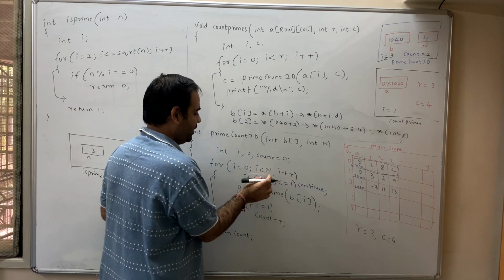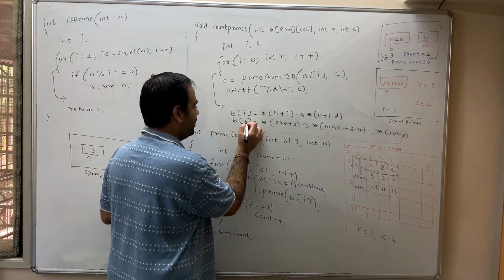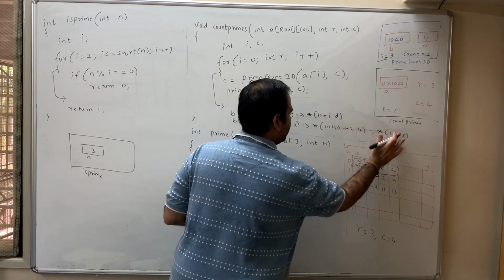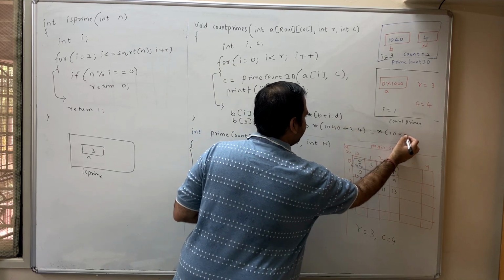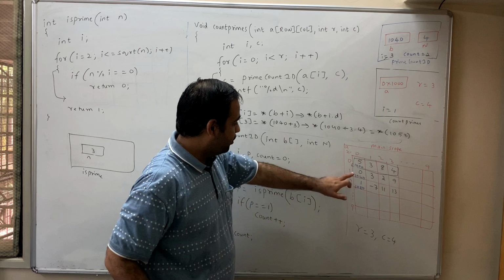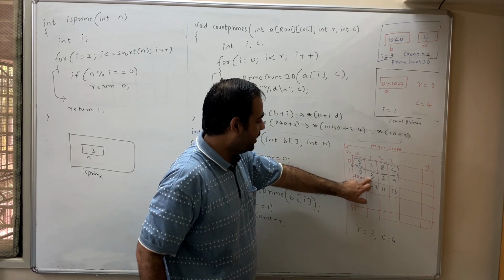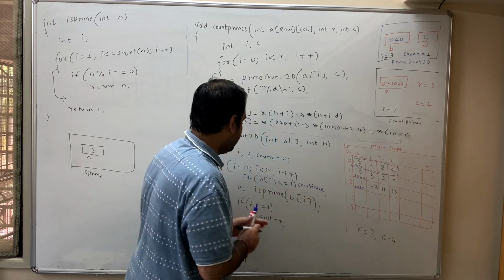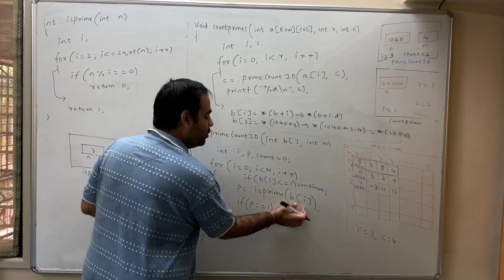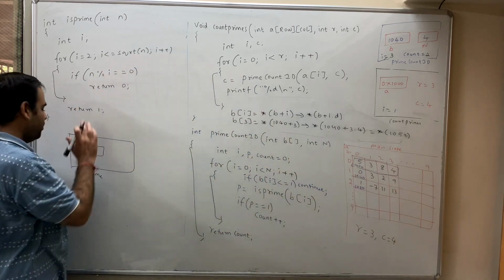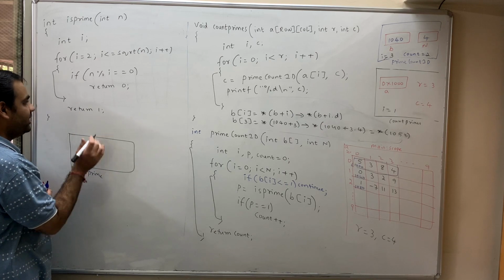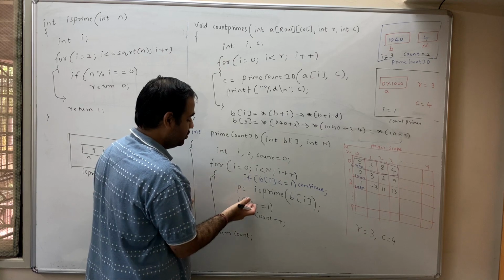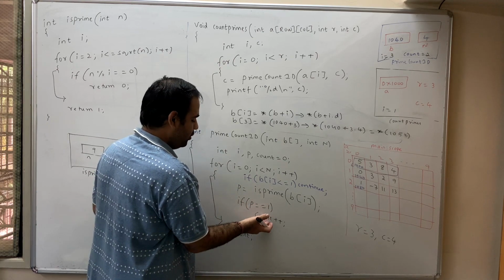3 less than 4, yes, b of 3. Now what is b of 3? It is 1040 plus 3 into 4, which is nothing but 1052. It is 1040, 44, 48, 52. The value at 1052 is 9. 9 less than or equal to 1, no. You again call the function is prime of 9, the scope gets activated, it is not a prime number, it returns 0, the value of p is 0. 0 equal 1 is false, do not count it.